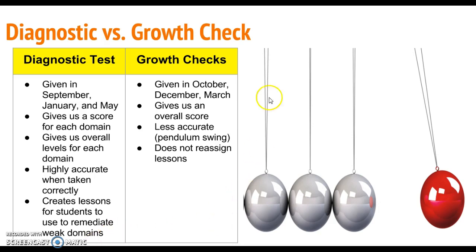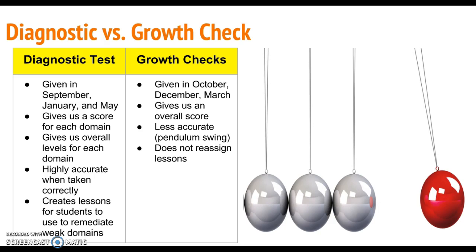The other types that we have taken in October, December, and we will take again in March are called growth checks or growth monitoring assessments. They are very quick. Maybe some of you only had ones that were like 10 questions, and they give us a really quick overall score just to let us know whether or not you're getting better.